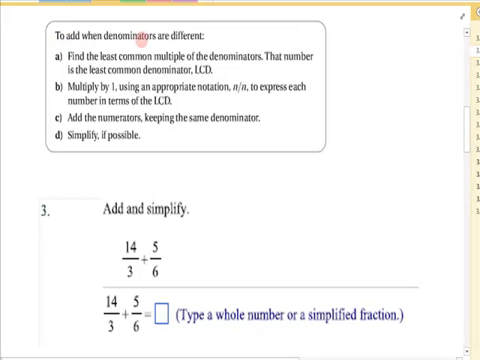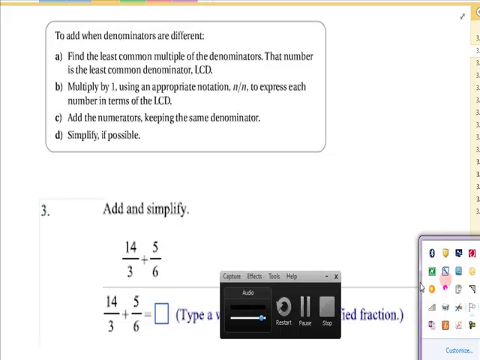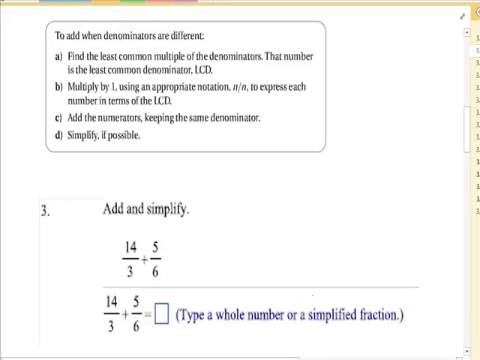To add when denominators are different, find the least common multiple of the denominators. And that number is the least common denominator. So it was called the LCM, but now when we're dealing with our fractions, it's called the LCD.